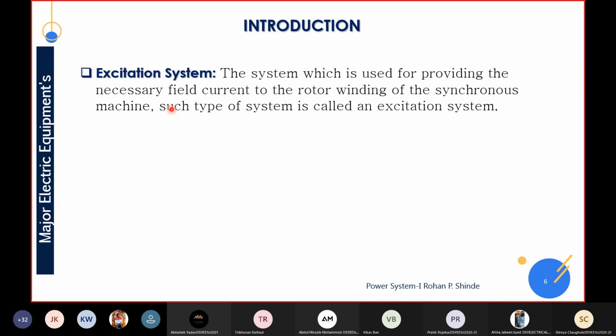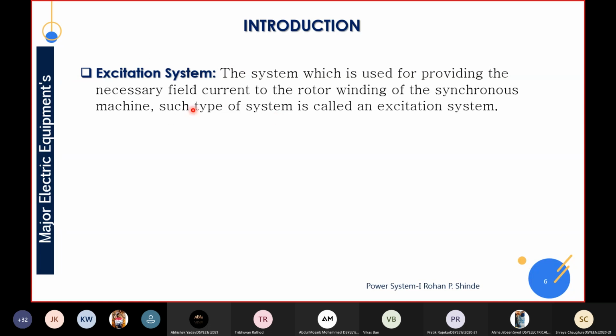Now see here, we know that synchronous machine is not a self-started machine. We have to start this machine with the help of an external prime mover. Now we have provided this excitation to the field current of the rotor winding, so that the rotor starts rotating, right?